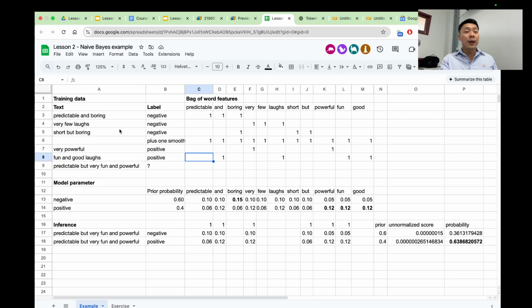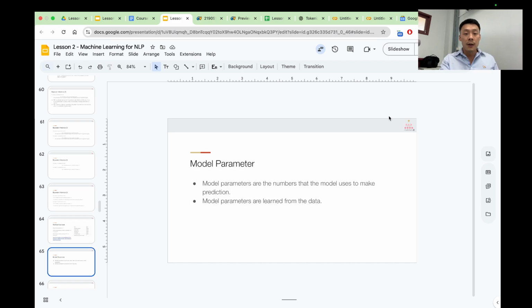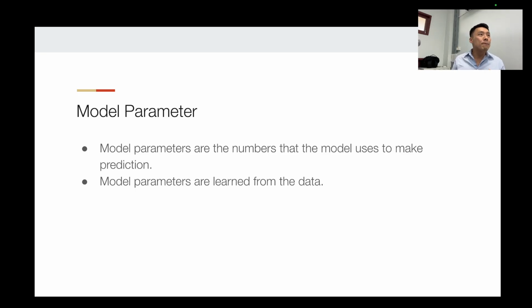Awesome. Okay, so it will look something like this. Let's go back to the slide. The next concept is model parameter. Every model has parameters. A parameter is the numbers that the model uses to predict the label for you, and these model parameters are learned from the data.